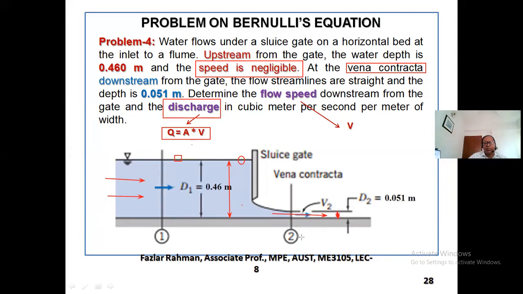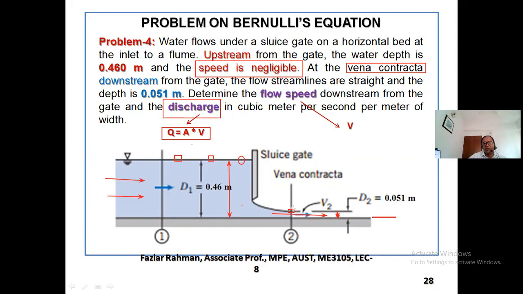Now what we'll do, we'll apply Bernoulli's equation at the top surface right over here, and we'll apply Bernoulli's equation right over here at point 2. At point 1, the velocity is 0. What is the pressure? Atmospheric pressure, right? If this is the reference line, then what will be the Z1? 0.46.